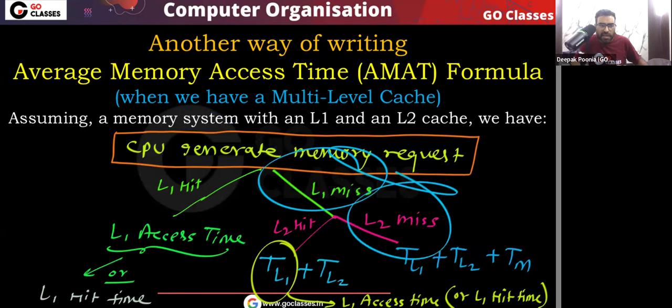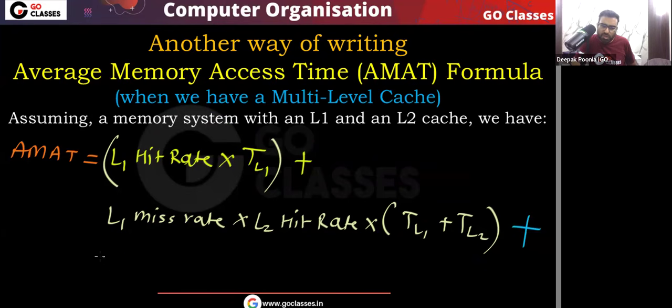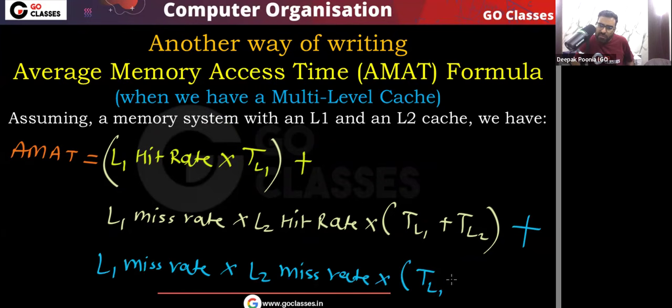When there is an L1 miss and L2 miss, this is the total access time seen by the CPU. So you can see L1 miss rate multiplied by L2 miss rate multiplied by access time of L1, L2 access time plus main memory access time.